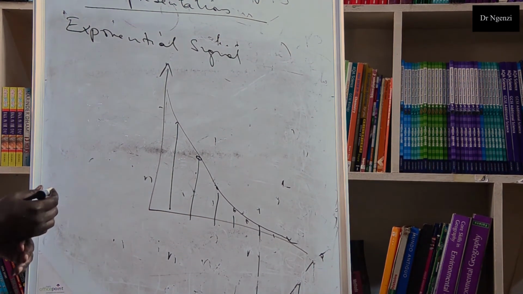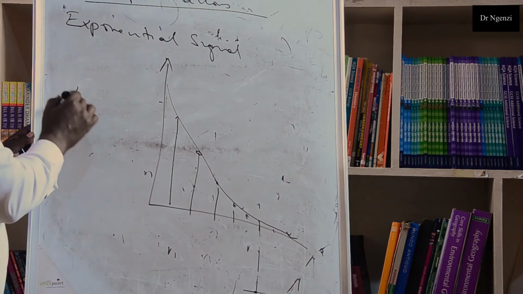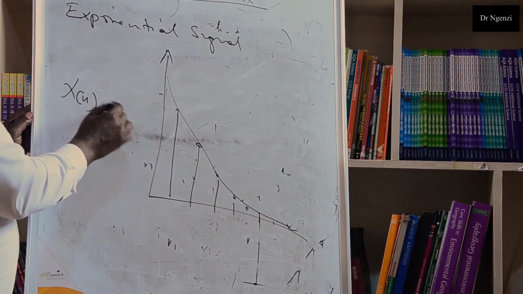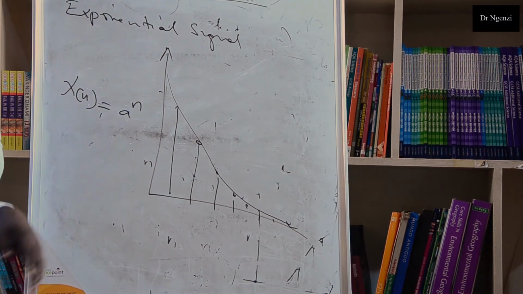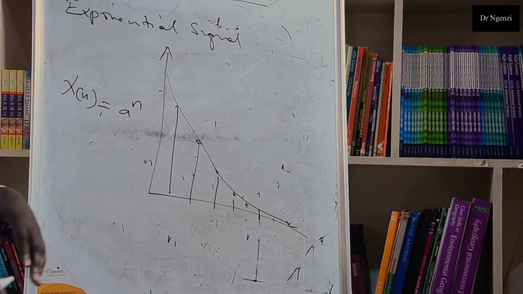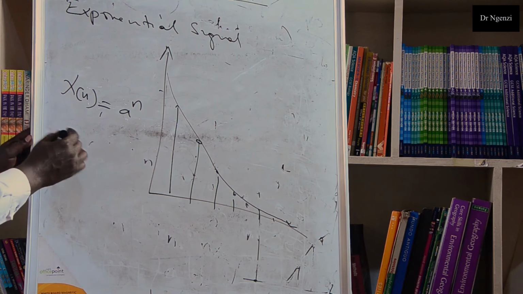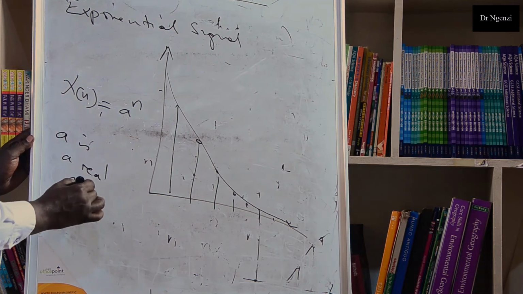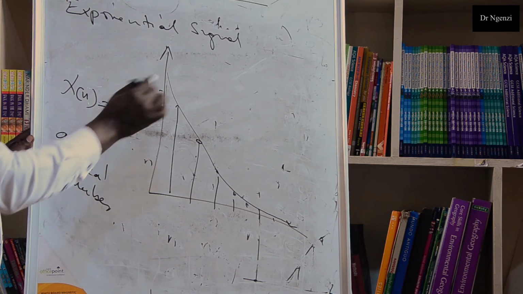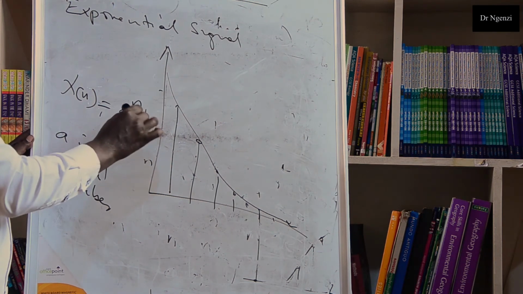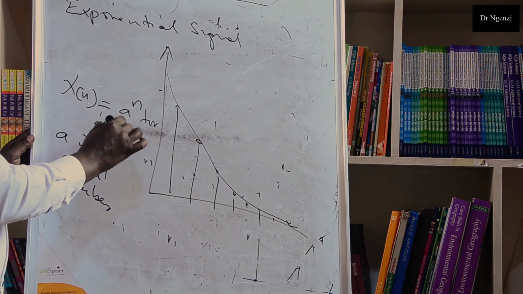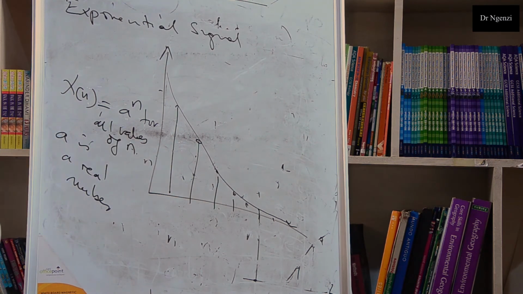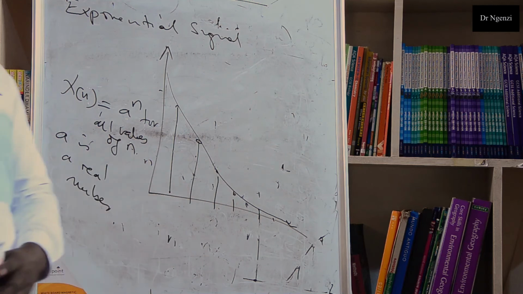In function form, remember, when it is exponential, x of n is going to be a to the power n for all values of n, where a is a real number. So it will look in that way.